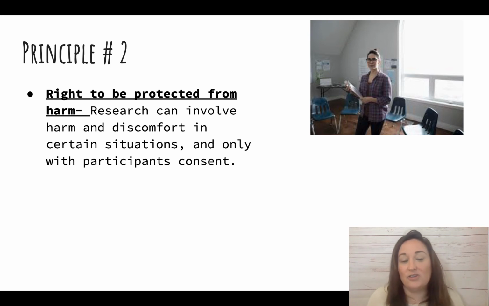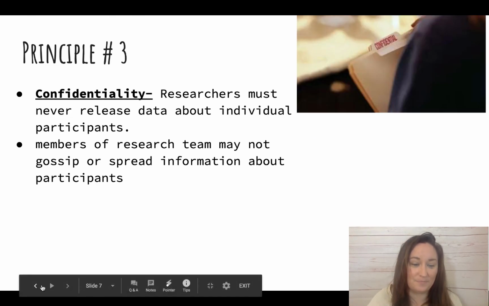Is that discomfort? Sure. But it's not a long-term severe thing. So they would tell the participant that you're going to feel a little discomfort because we're going to take a rubber band and slap it against your wrist. That way they're informed of any sort of risk that they have.